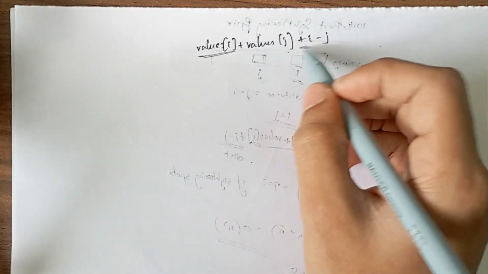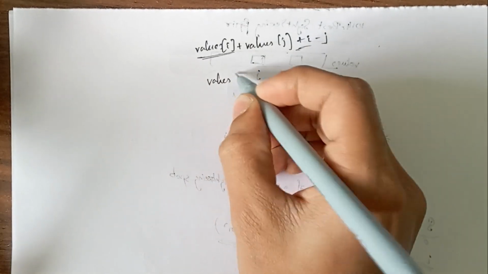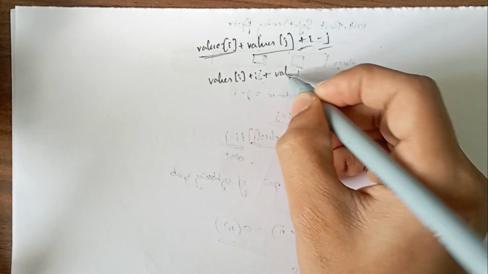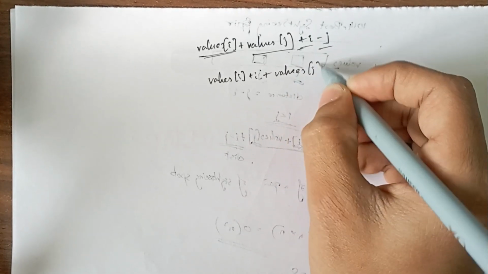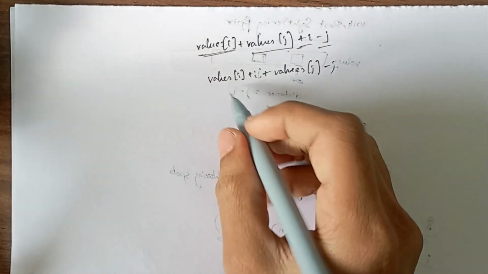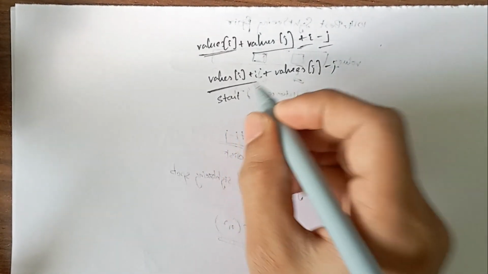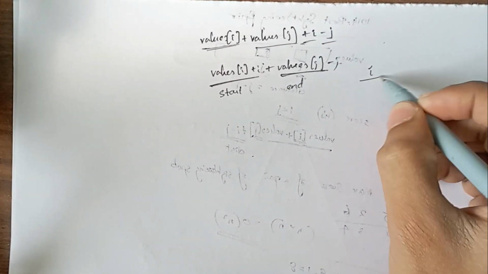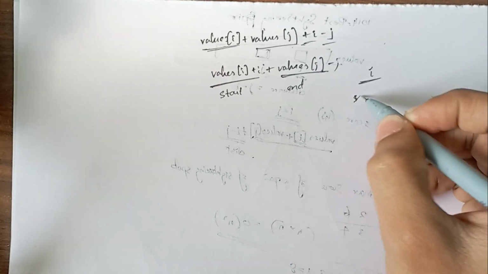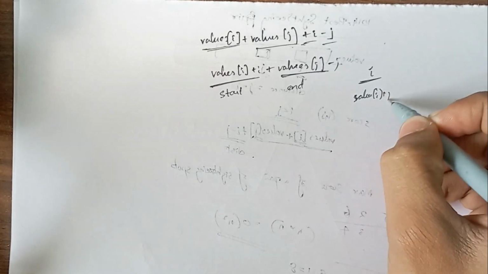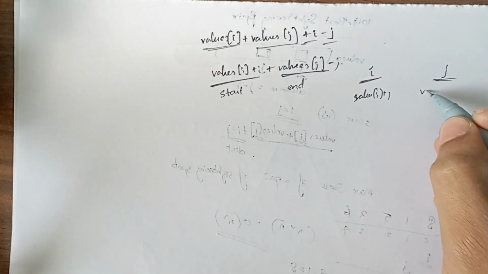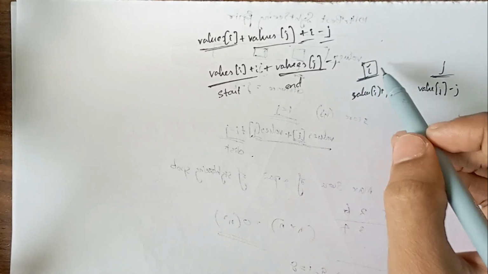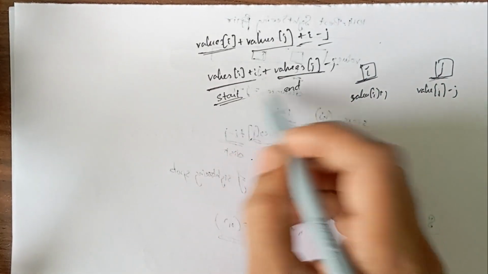So write it like this: values of i plus i, and values of j minus j. So this is the starting one and this is the ending one. So i will have a score of values of i plus i, and j will have a score of values of j minus j. So at every index we'll be storing the start and the end.